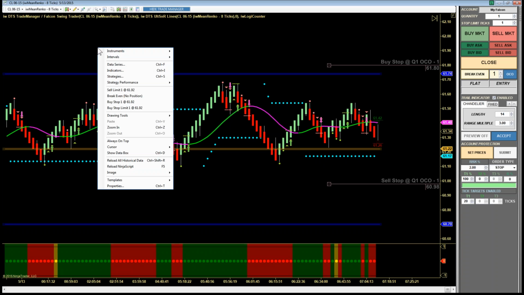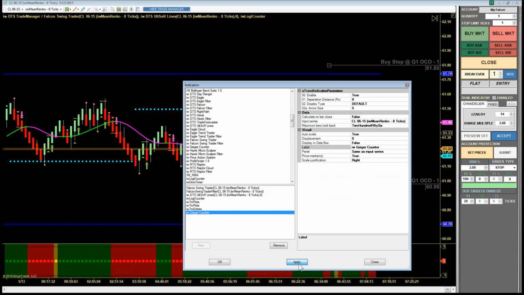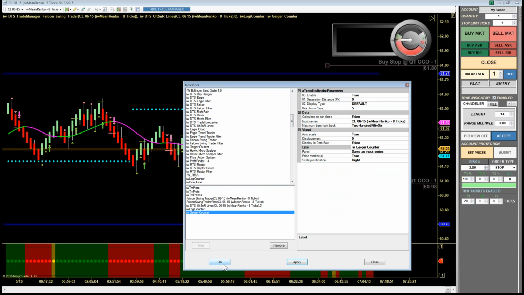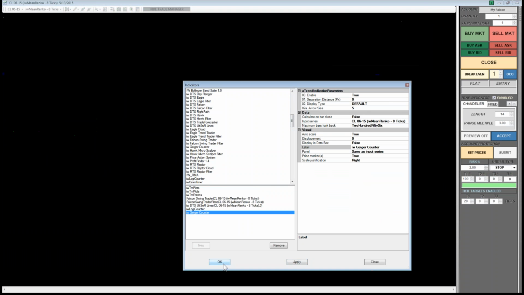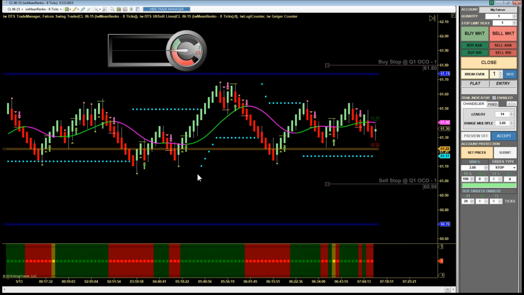Joe saying, can you show the Geiger counter for crude? Excellent suggestion. This thing is going to go nuts once the inventory hits. So we've still got about 10 minutes before that hits the floor.